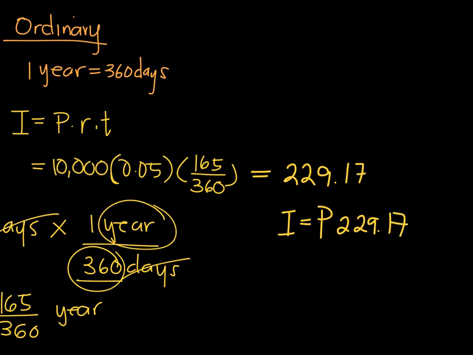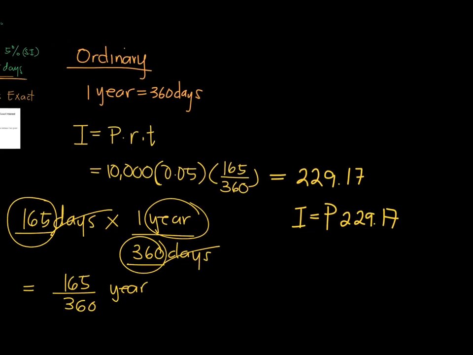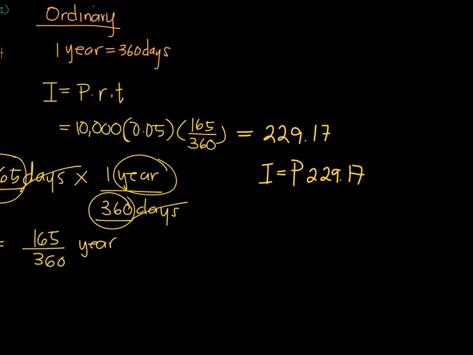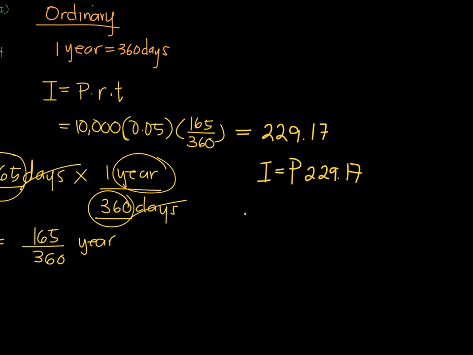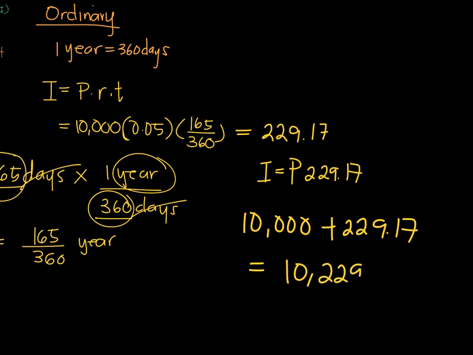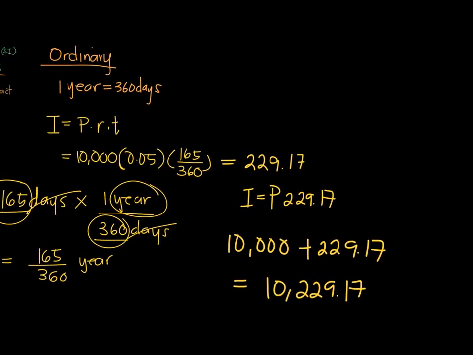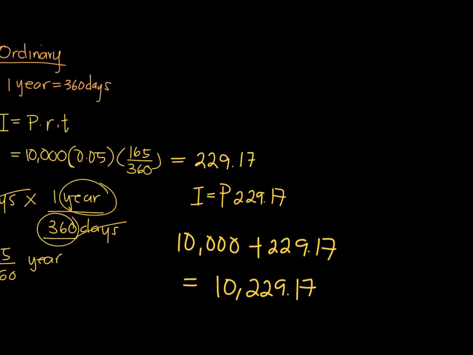So that is the added amount after 165 days. Okay, so the total amount that you have to return, if it will be asked, is 10,000 plus the 229.17, a total of 10,229.17. Okay, so this is for the ordinary interest. So let's go to the exact interest.